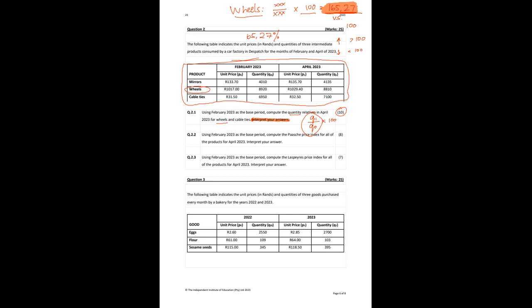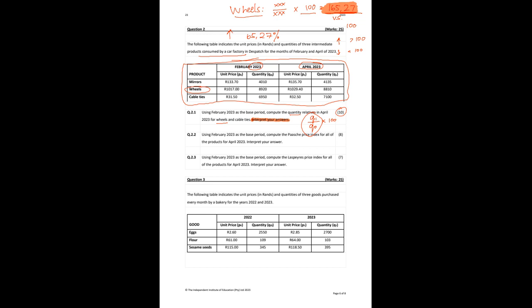So here it was products consumed by a car factory. So you'll say the quantity consumed of wheels between February 2023 and April 2023 increased by 65.27%. So as long as it is higher than 100.